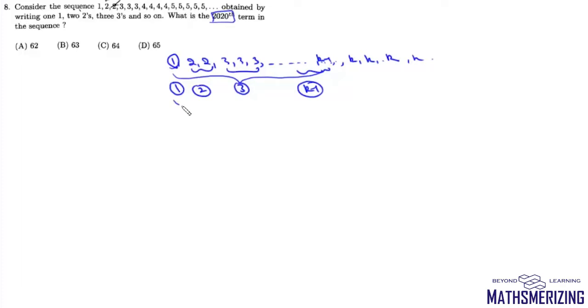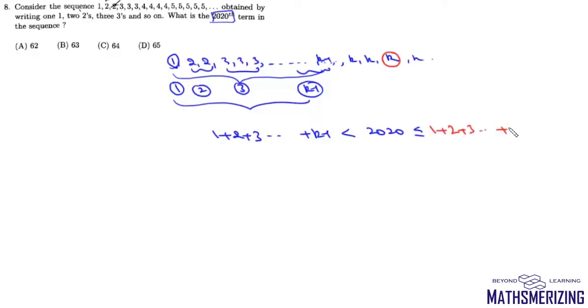So total number of terms up to k minus 1 will be 1 plus 2 plus 3 plus up to k minus 1, and this value should be less than 2020. Now since the 2020th term lies in the sequence of k, it should be less than or equal to this value, 1 plus 2 plus 3 up to k.